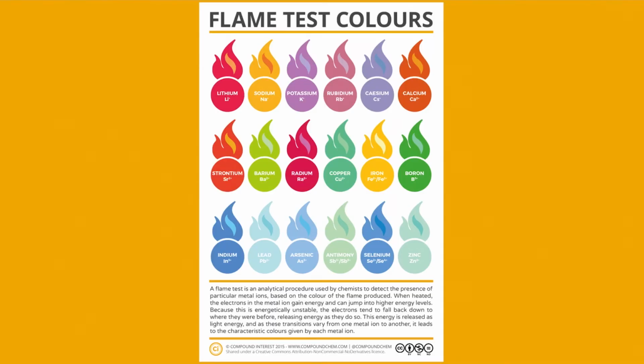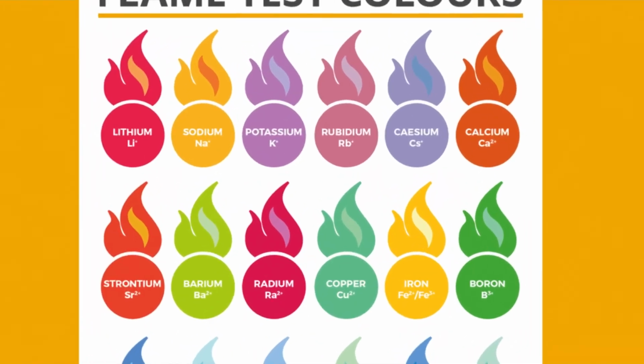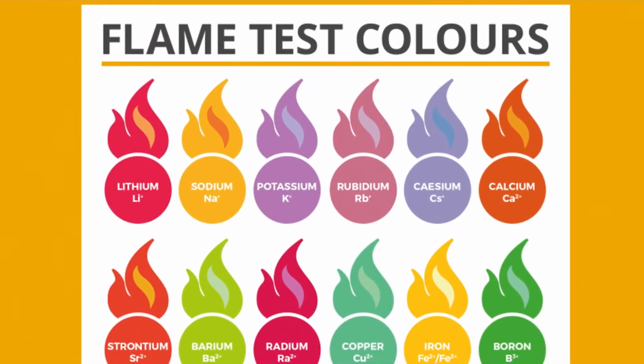Each element has its own specific pattern, and it releases its own specific color. So every element has a different color, so the different fireworks are just made up of different compounds containing different elements. And this is a cool lab that's totally not safe to do in school, but it's a cool video. If you ever see rainbow fire, this is why.